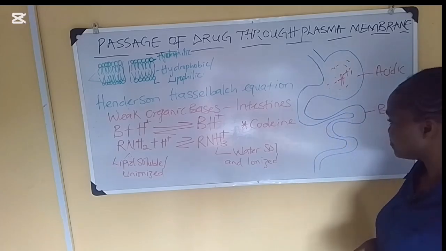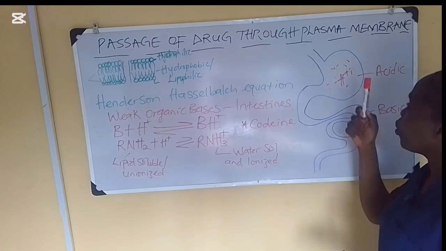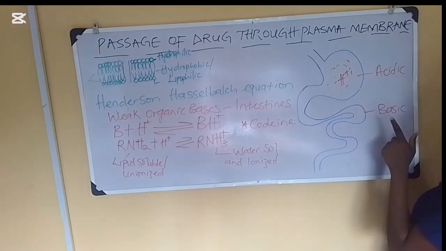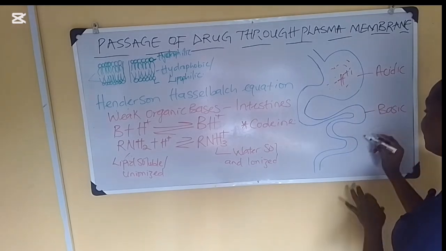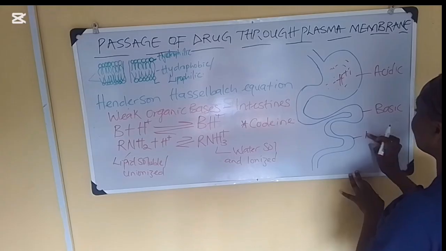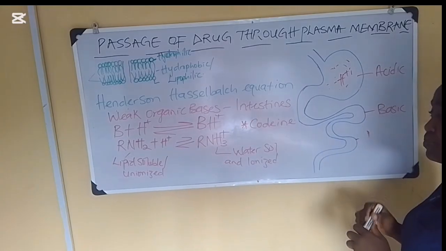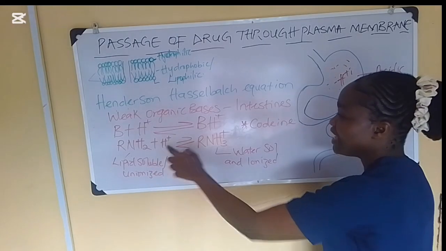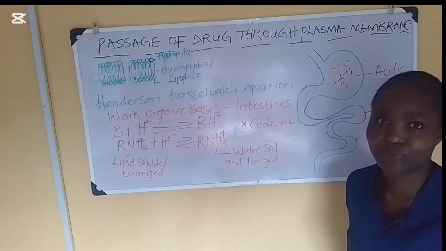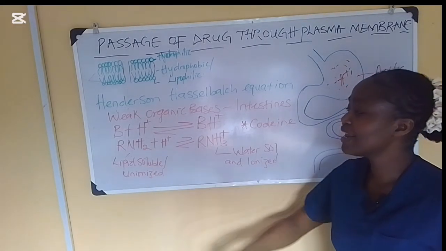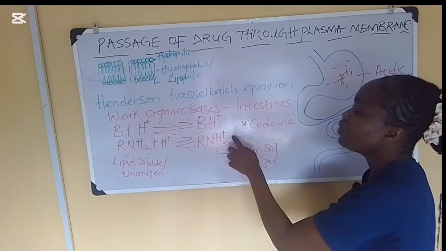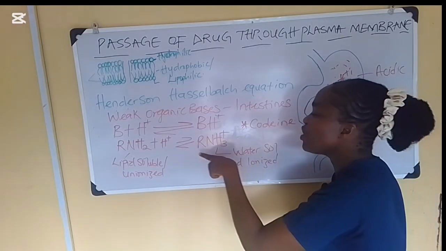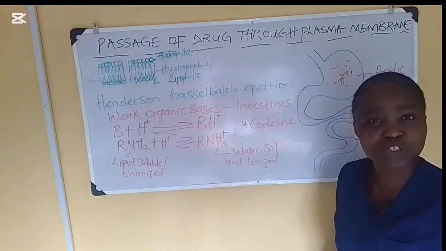So what happens when it goes into the intestine? We know that our intestine is a basic environment. In a basic environment, the drug loses hydrogen ions, and since this is a reversible reaction, it converts and becomes the lipid soluble form.